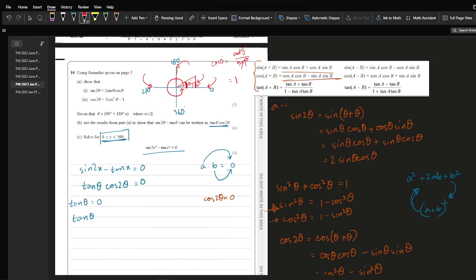But for tangent, it's a bit complicated because tan is opposite by adjacent. In this scenario, if you draw a triangle like this, you have to draw the triangle always like this. The 90-degree angle will be on the positive side of the x-axis. Your opposite is a non-zero value, and your adjacent is on this side.